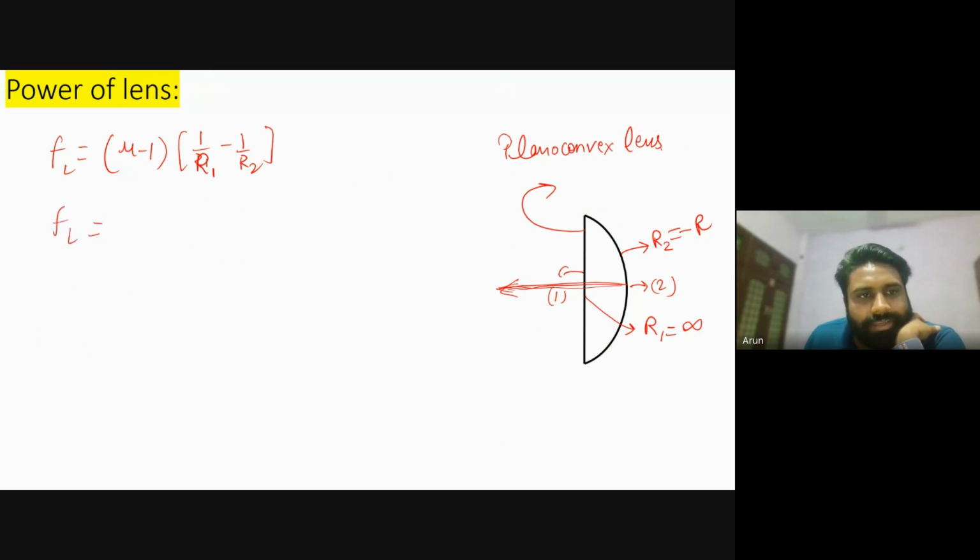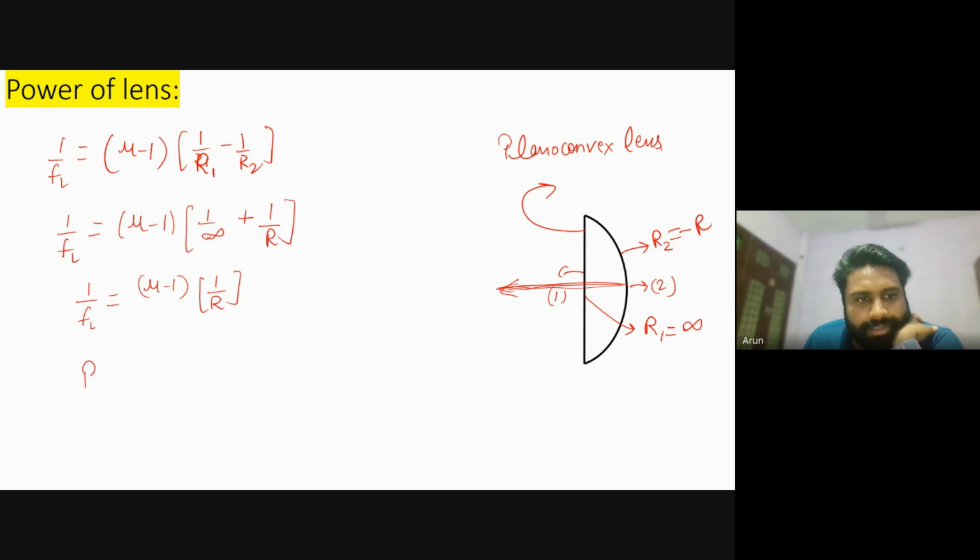So 1 upon F of L is equal to mu minus 1, and 1 upon R1 is 1 upon infinity, minus minus plus 1 upon R. So 1 upon FL is mu minus 1, 1 upon R.